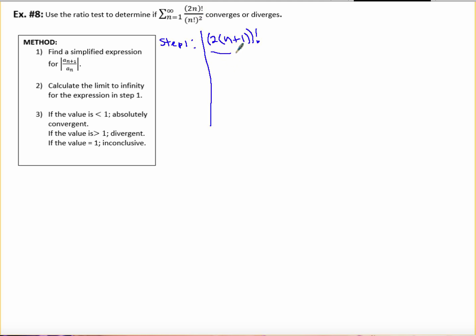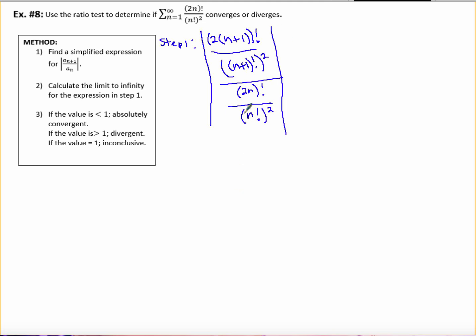So it is n plus 1, which is the factorial, and then the whole thing is being squared. And then of course we divide it by the original, so that is 2n factorial divided by n factorial squared, and the absolute value.